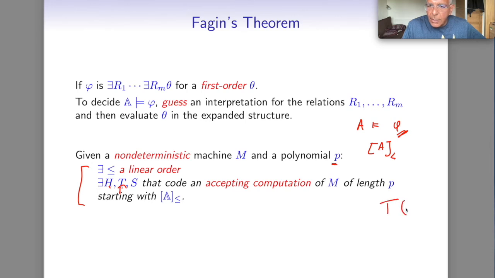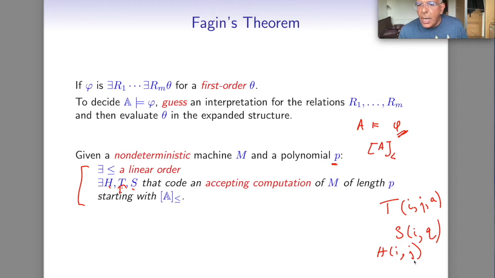So something like at step I, tape cell J contains the symbol little a. S, think of it as a state. At time I, the state of the machine is Q. And H, think of this as a head position. At time I, the head is pointing at cell J.